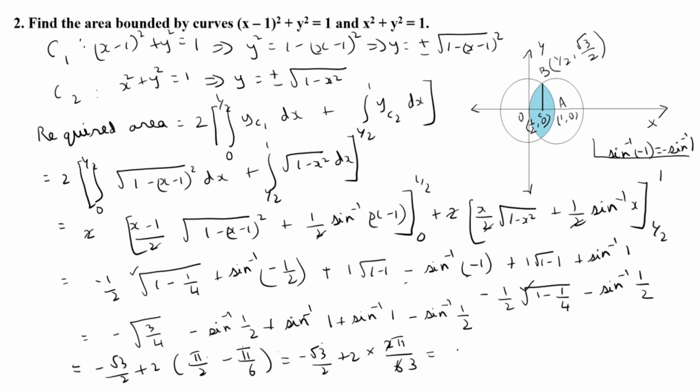So this is equal to 2 pi by 3 minus root 3 by 2 square units. So this is the required area of the region, this region.